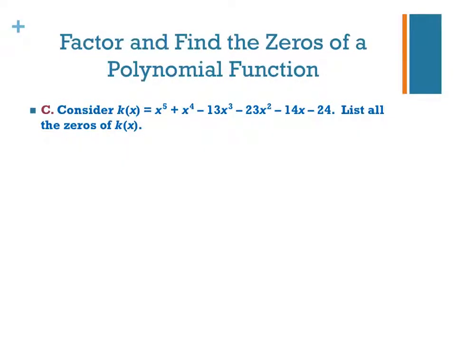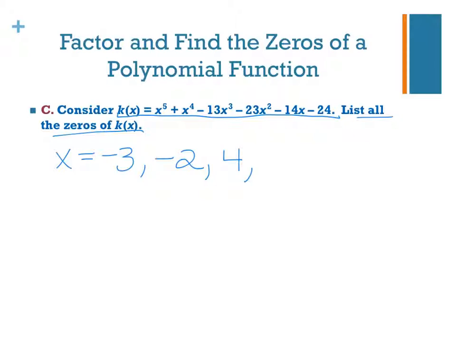Alright, so part C, same polynomial. And guess what? We're pretty much done with this question already because it's just asking us to list all the zeros. We already found 3 of them from the graph: negative 3, negative 2, positive 4.